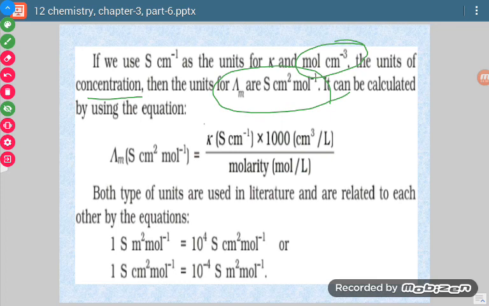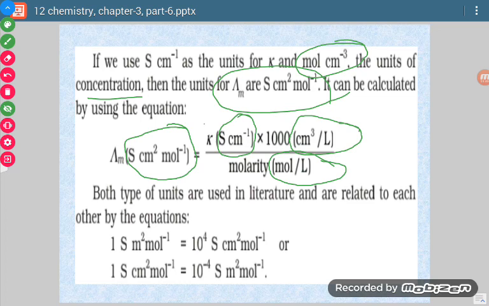This is the way they have written. These are the units of lambda m, these are the units of kappa, and these are the units of molarity.